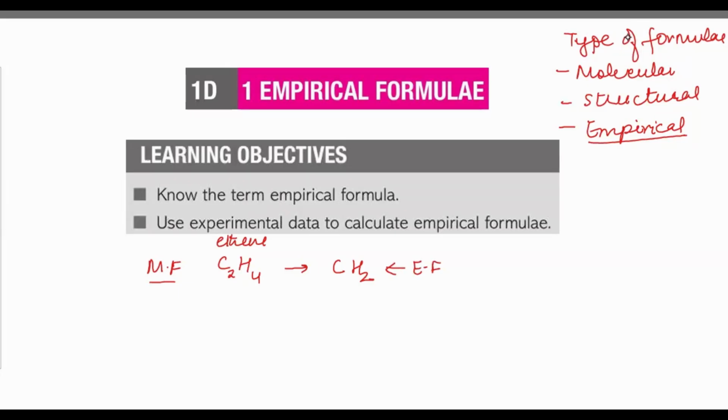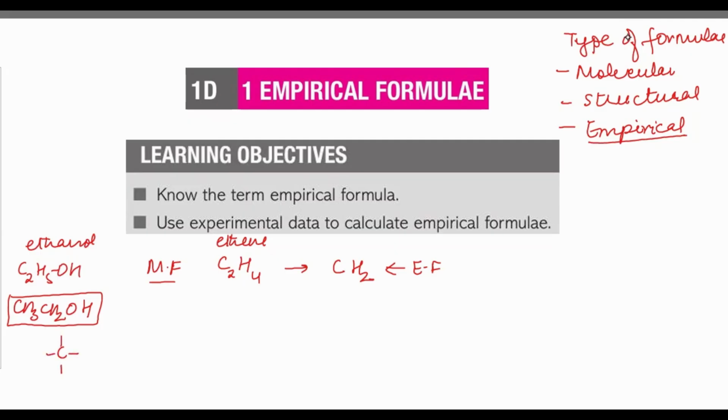Now, for example, if I take C2H5OH, that's a formula for ethanol. Or I can have it like CH3CH2OH. That is again a structural formula for ethanol. This is not called the molecular formula because here I'm telling that the first carbon is bonded to 3 hydrogens and the next carbon is bonded to 2 hydrogens.